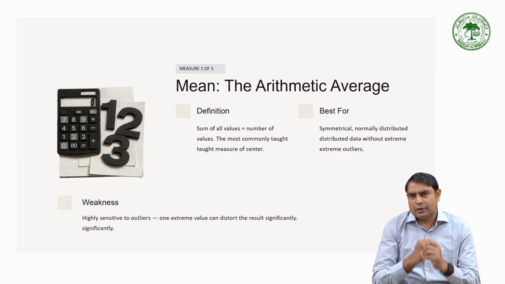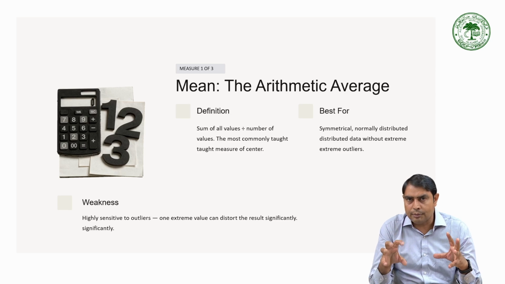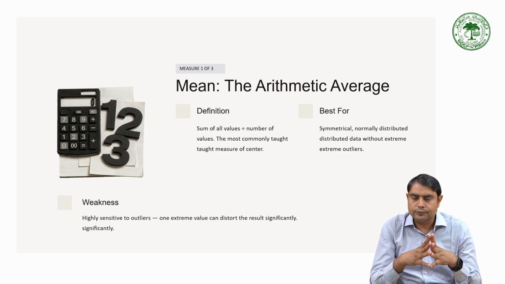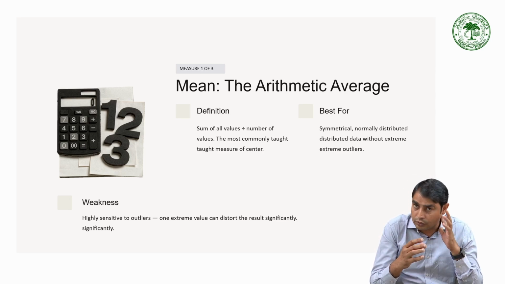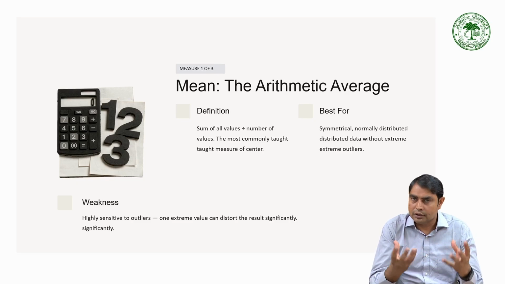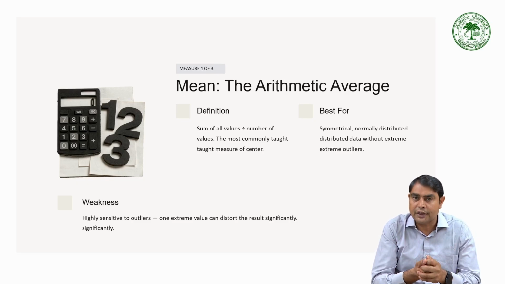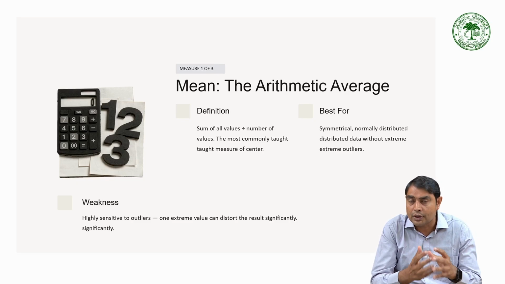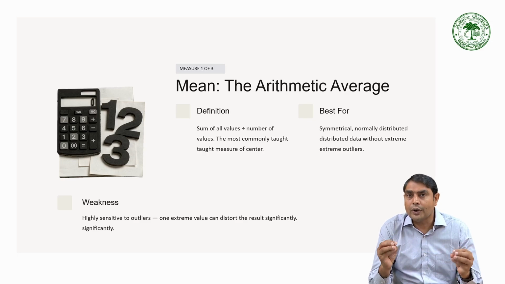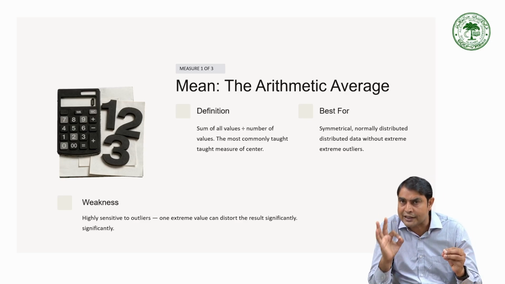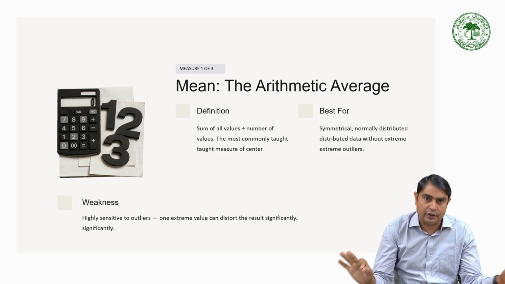Now, let us take all these three measures one by one. First is the mean. So what is the definition of the mean? It is a mathematical representative of all the values in the data set. So you are concerned with finding a single representative of all the values in your data set.